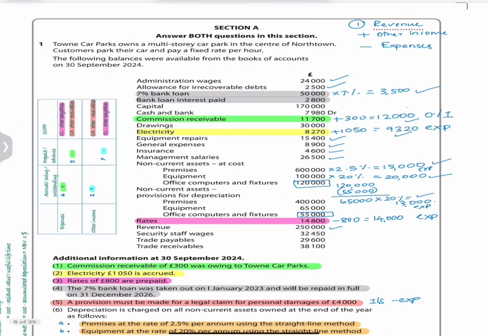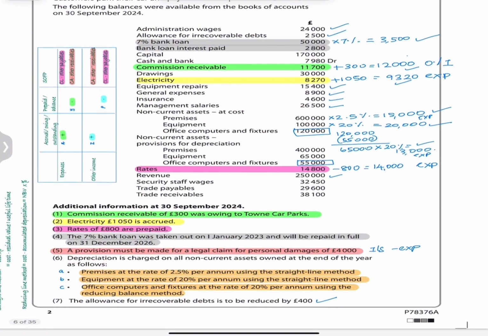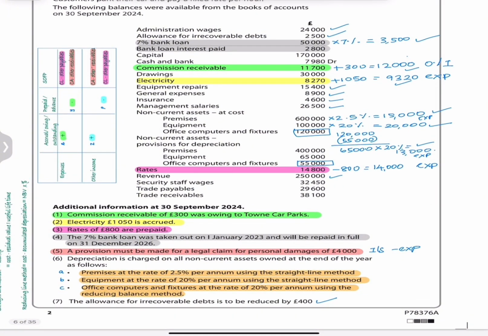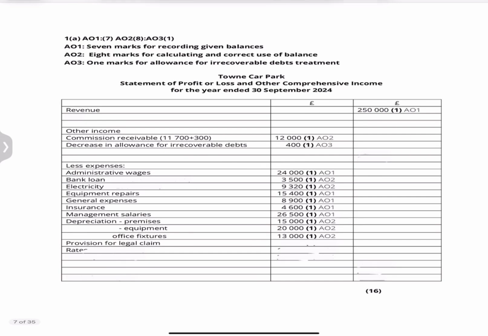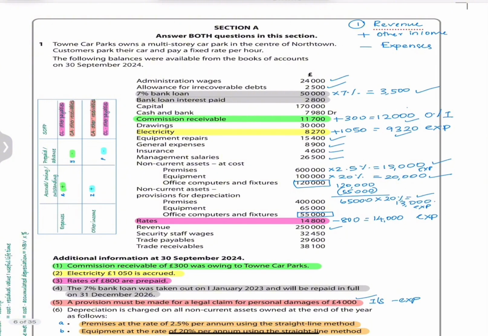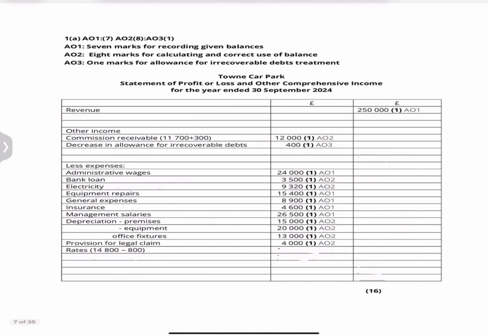Provision for legal claim, we don't have any opening balance, and we have a provision for legal claim worth 4,000. This needs to be reflected under expenses. Rates, we have an adjustment for rates. As you can see here, we already did the adjustment for rates. 14,800 take away 800, 14,000. Let's plug in those details.